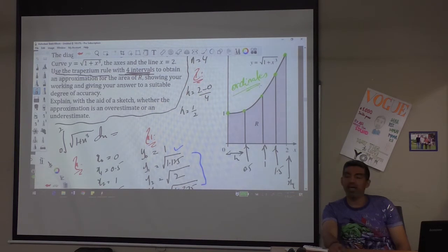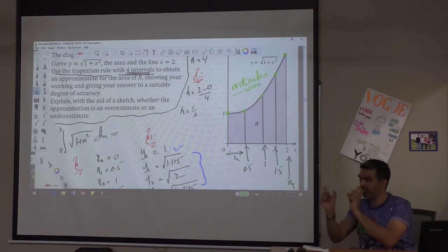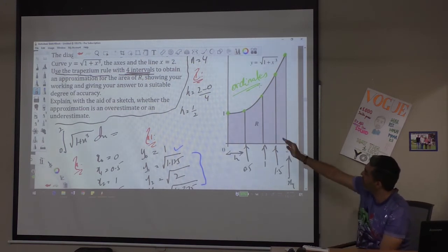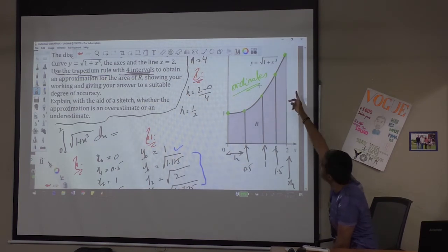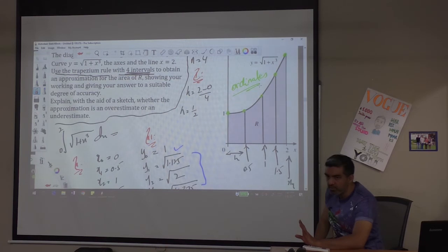That is why we say X coordinate, Y coordinate, because they both form a pair of ordinates. So if you've broken your area into 4 trapeziums, you're ending up with 5 ordinates.